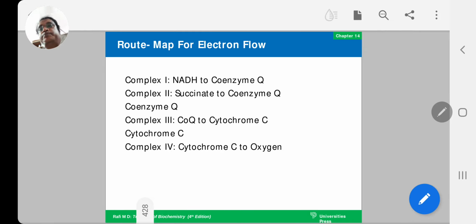Consequently, less ATP is produced from oxidation of FADH2 than from oxidation of NADH. That is, from NADH 2.5 ATP and from FADH2 1.5 ATP.